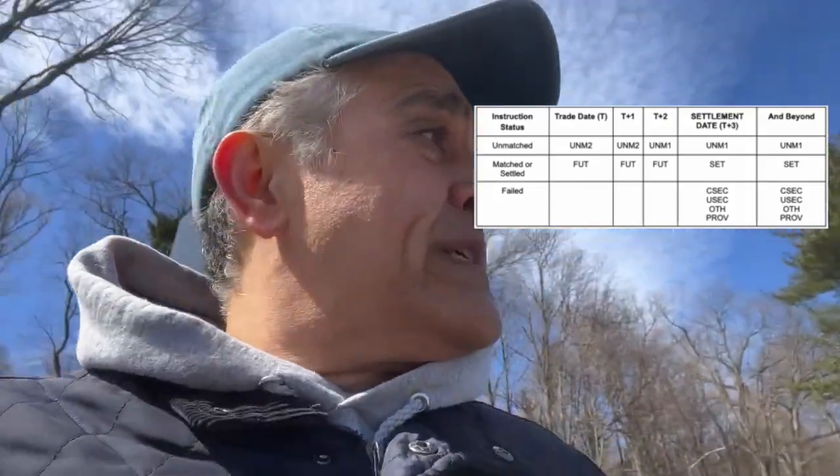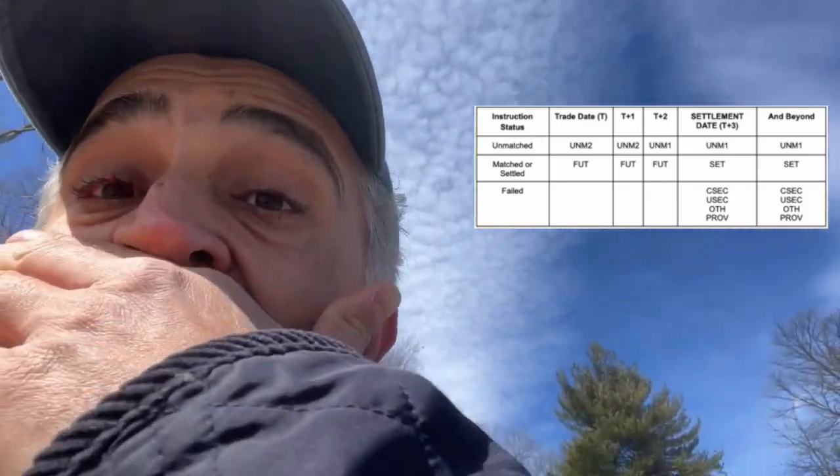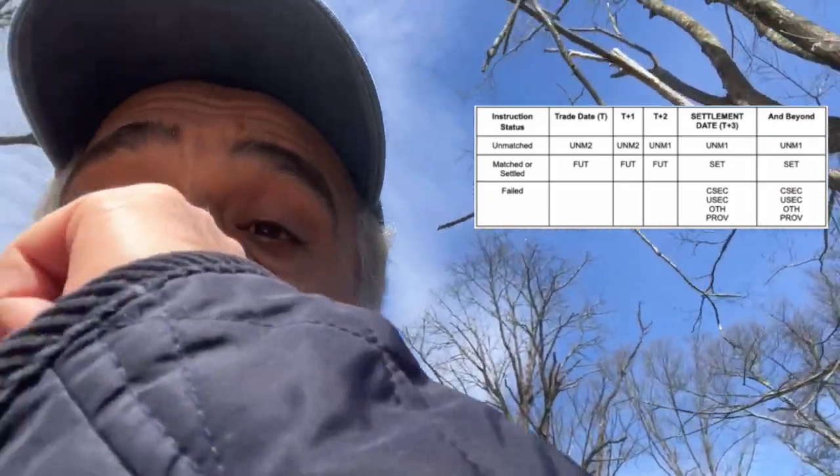Here's what it means. If you send your settlement instruction on your trade date, congratulations, you have your stuff in order. There's a very good chance that your counterparty doesn't. If your instruction is unmatched on your trade date, you'll get a status of UNM2, which stands for unmatched with a priority of 2. The only other priority it could have is 1, and we'll get to that in a second.